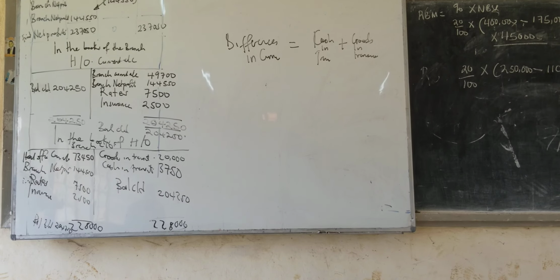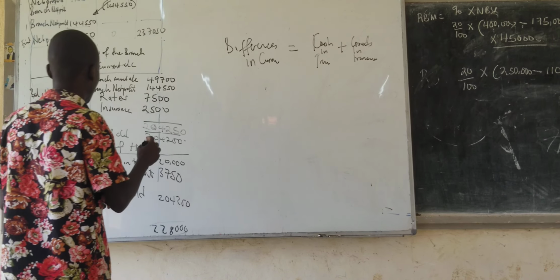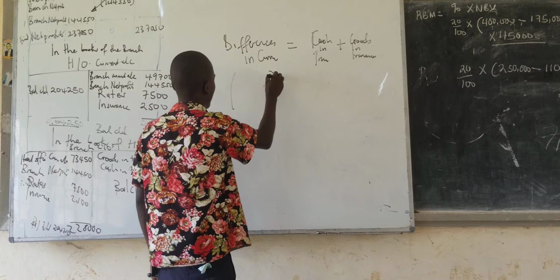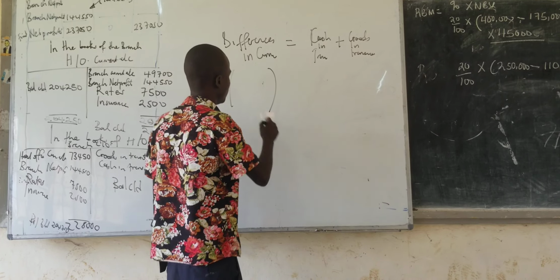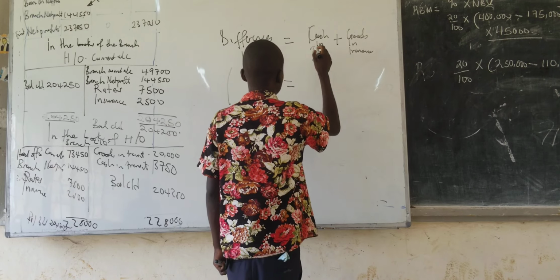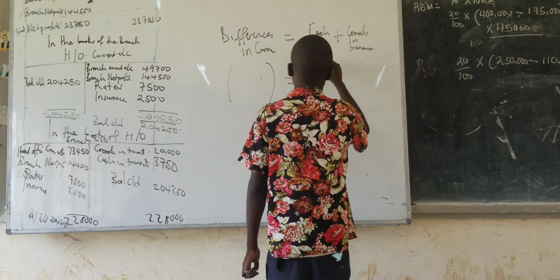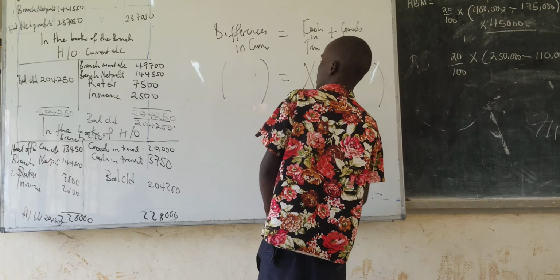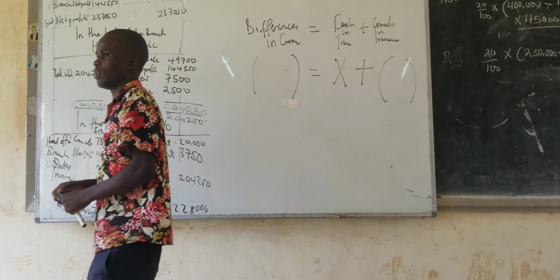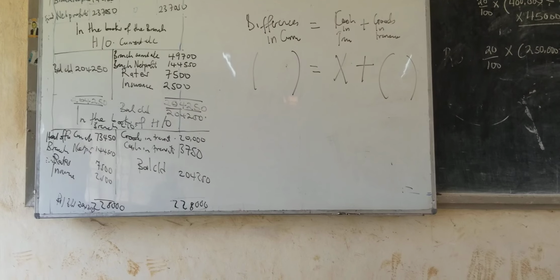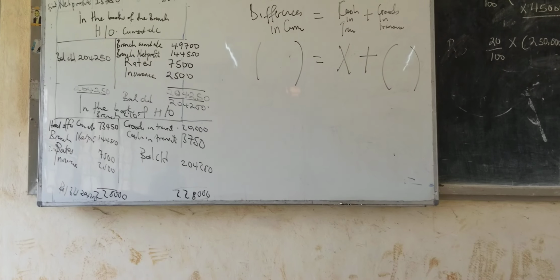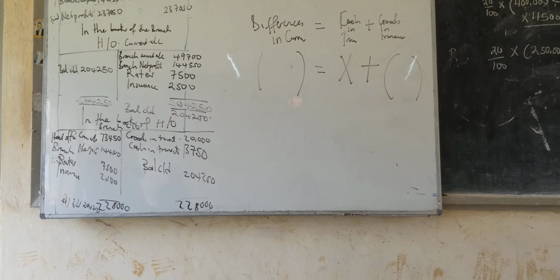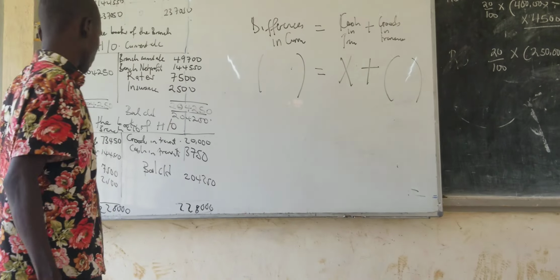So to get the cash in transit, you take the difference of the current accounts, which is X, less the goods in transit, and we saw that we get the goods in transit from the difference between goods sent and goods received.